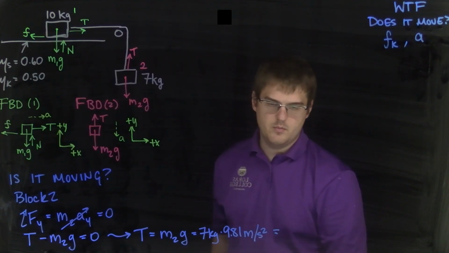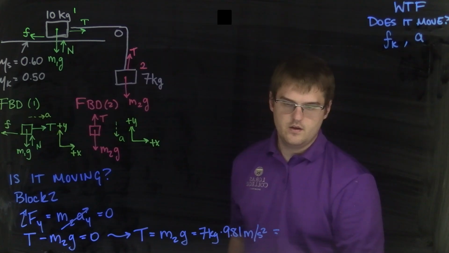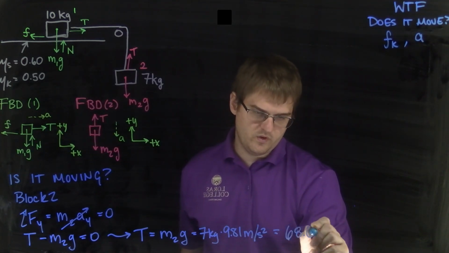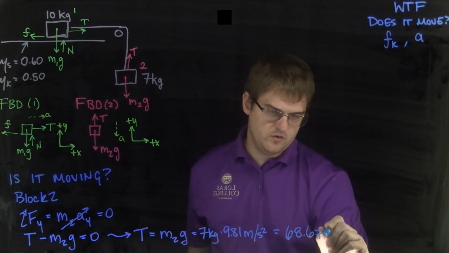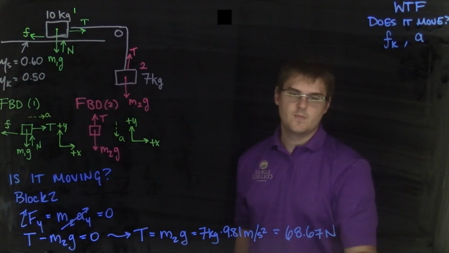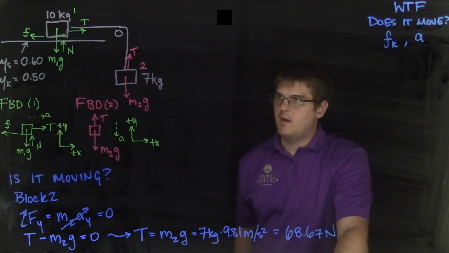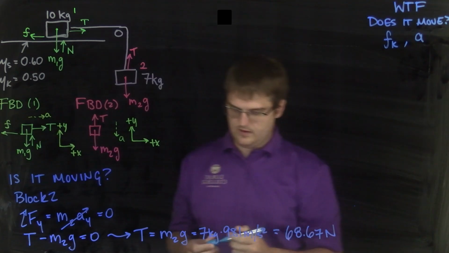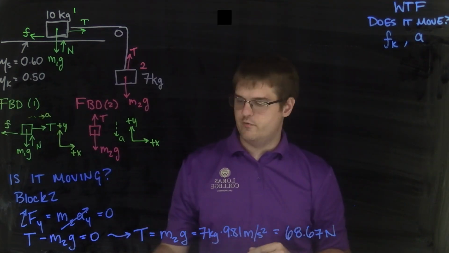That number comes out to be 68.67 newtons. So if it's not moving, my tension is 68.67 newtons. Let's see if that tension is enough to overcome friction.